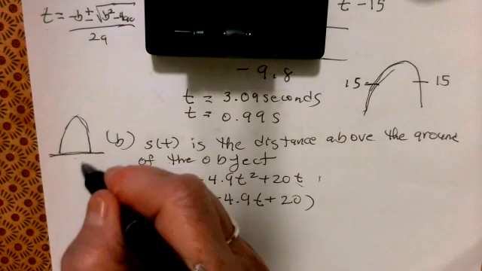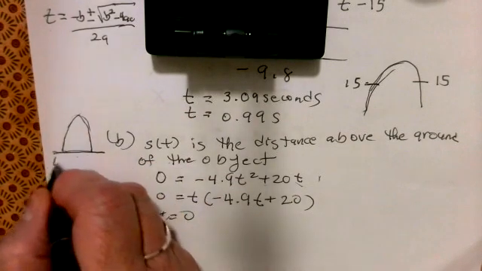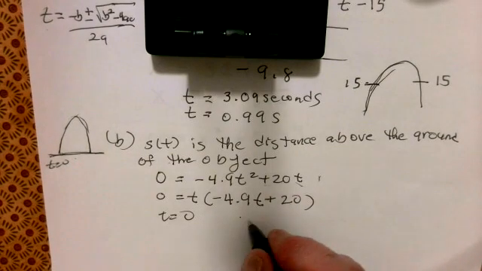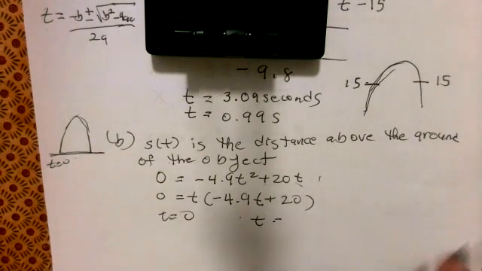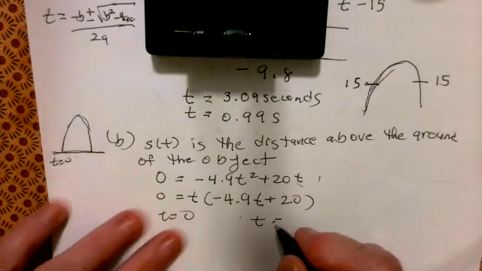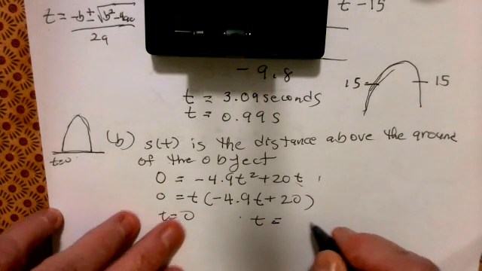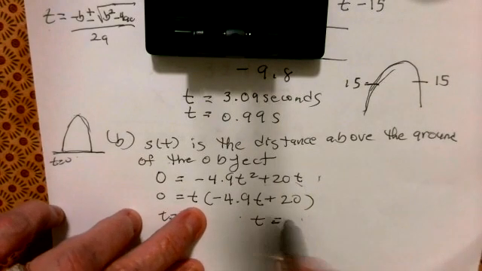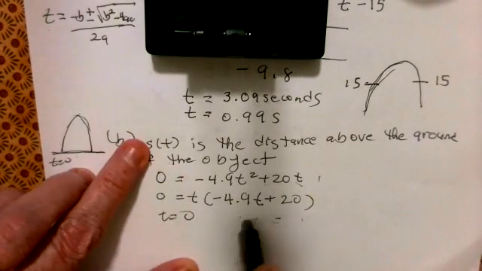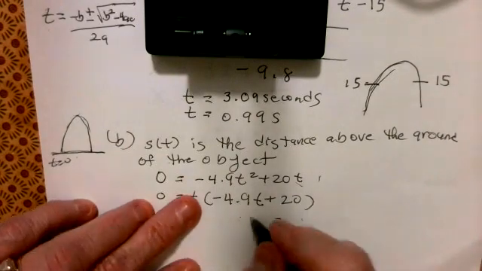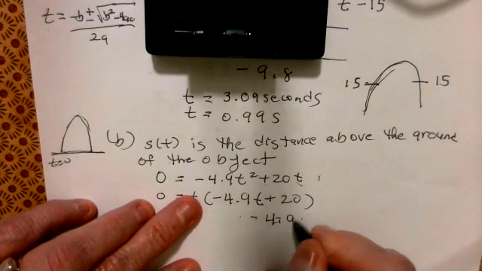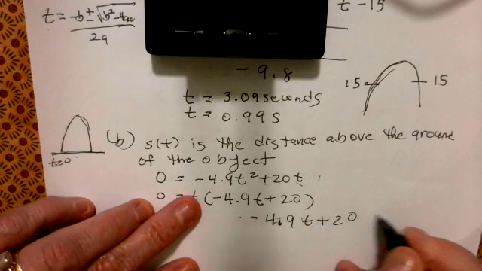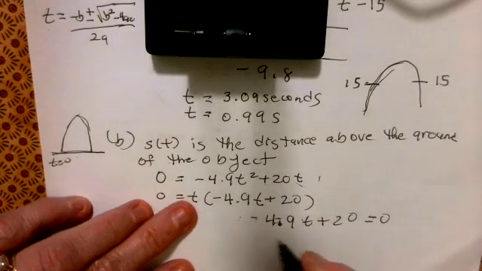So that makes sense. It starts off at the ground. And then I have, or, actually, t doesn't equal 0. I need to set this equal to 0. Minus 4.9t plus 20 equals 0. And that's a minus.